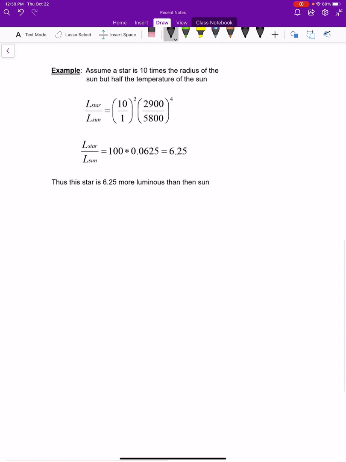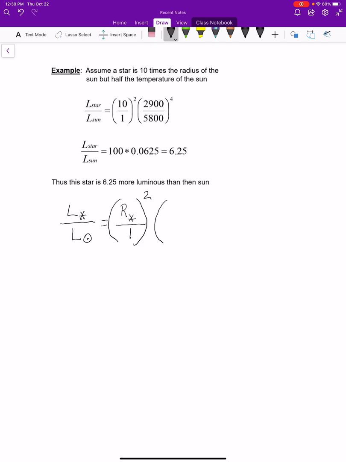If we take our original formula, the luminosity of the star compared to the luminosity of the sun is equal to the radius of the star divided by the radius of the sun, which is 1, and of course we're going to square that number.